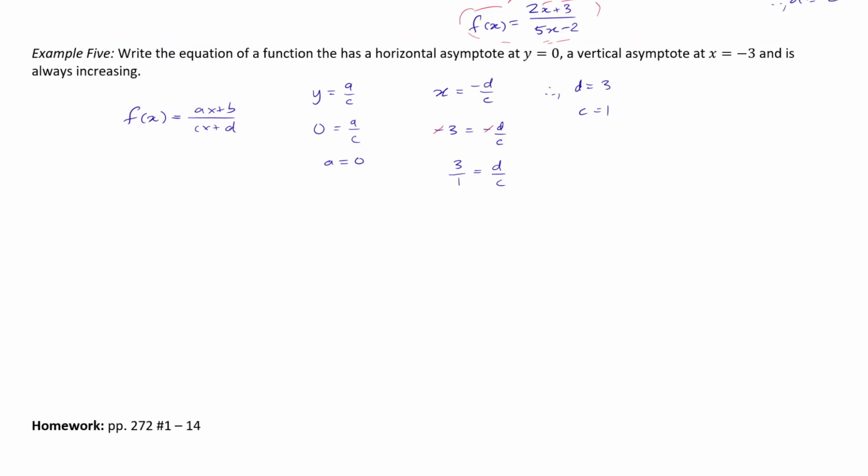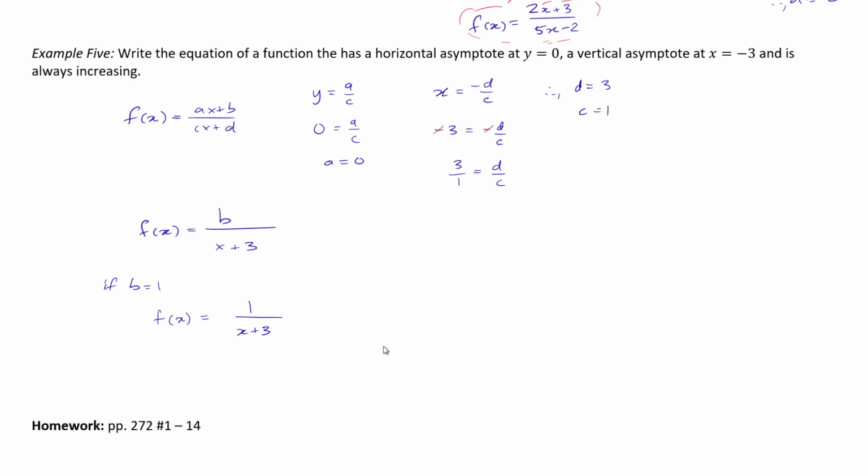So when I go to write the equation of my function here, what you'll notice is that I basically have b, some constant value, over x plus 3, right? Okay, so just to make this easy on myself, I'm going to see if b is equal to 1, then I would have f of x is equal to 1 over x plus 3.